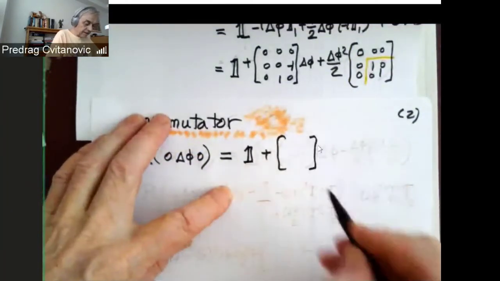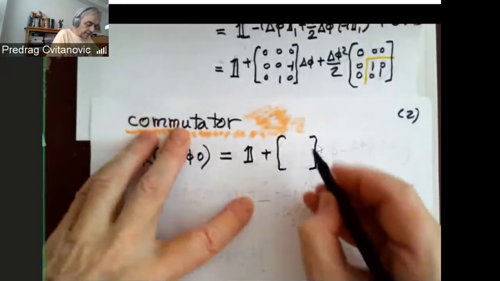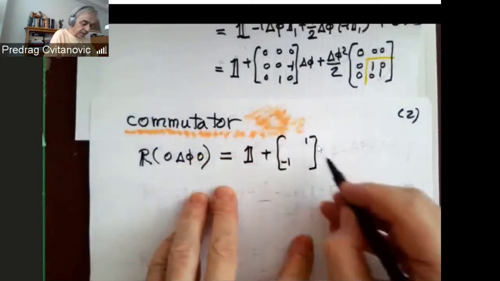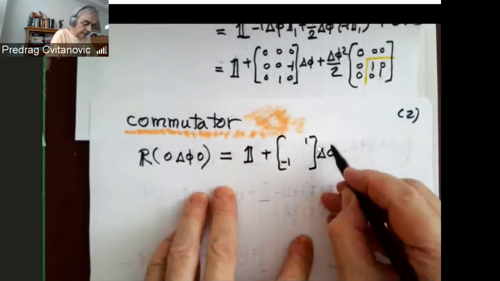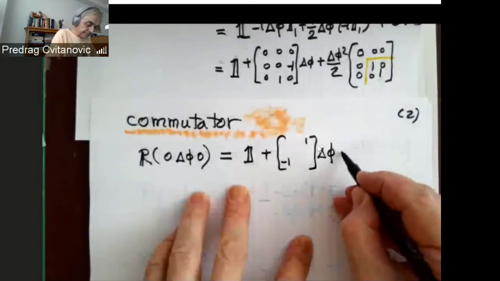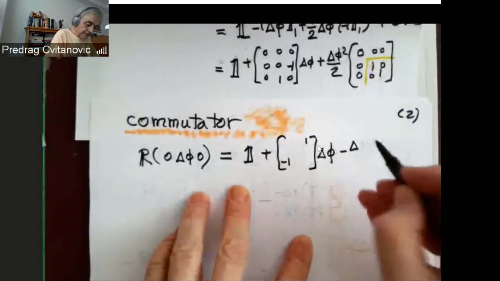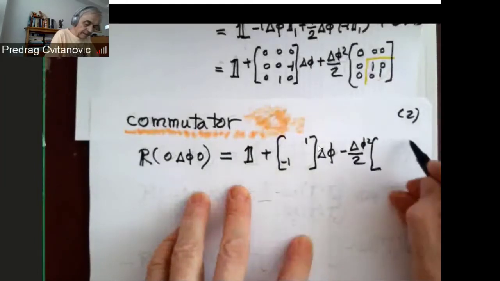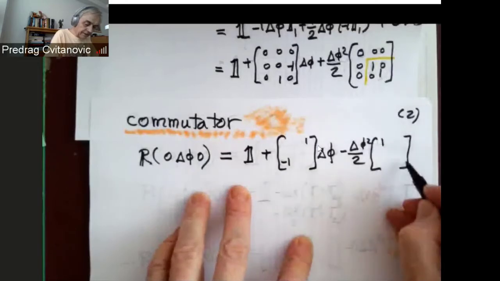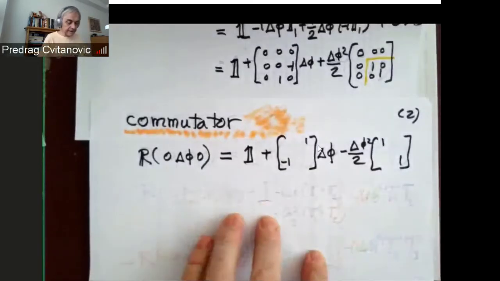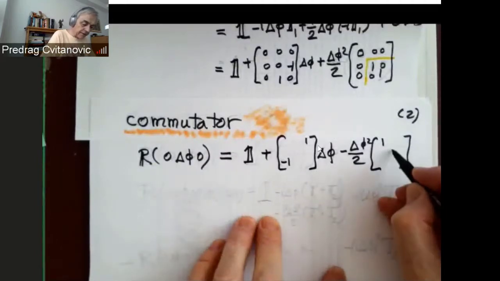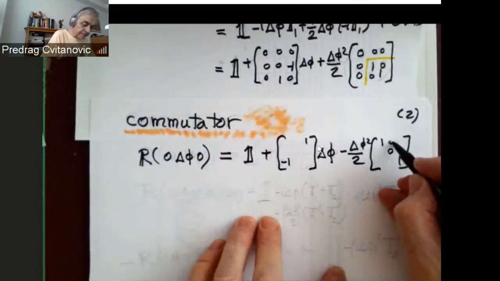Now this guy is rotating around the y-axis, so it has zeros every place except in these two places, delta phi. And then I have the thing that's identity in the XZ plane, and it has zeros every place else.